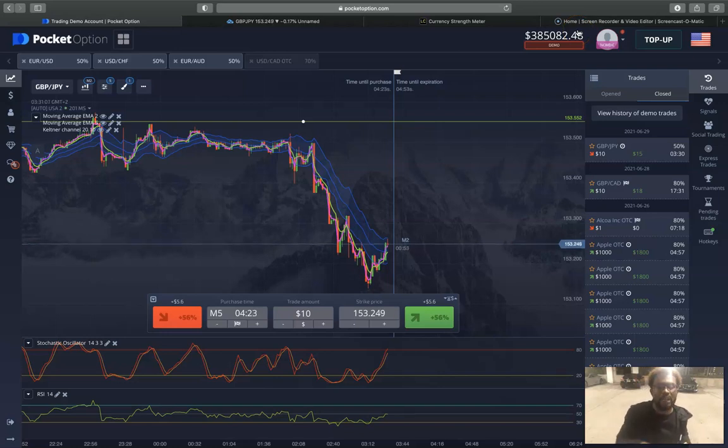I took it on my demo account because it's the setup I'm looking for. It's something I want to train my eyes. I still take pride in the fact that I won this trade on my demo account. Even though I made no money, I take pride because I know what I'm looking at, guys.